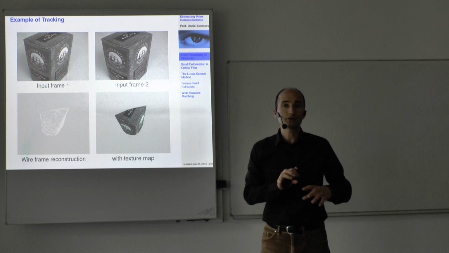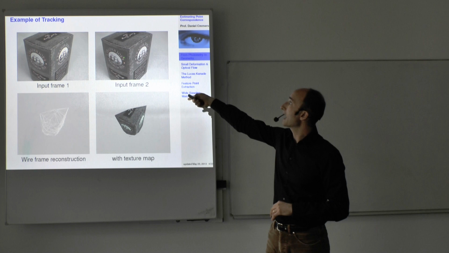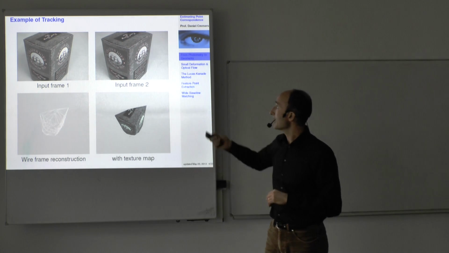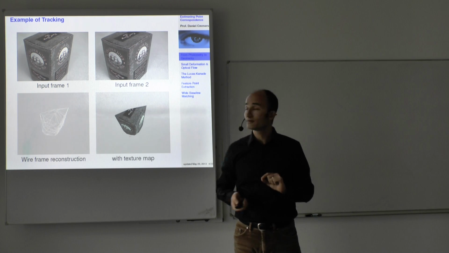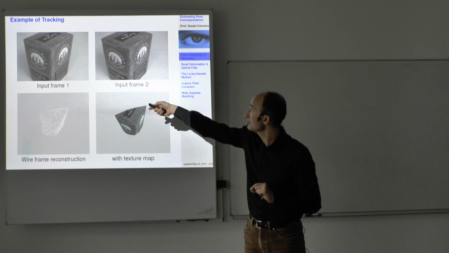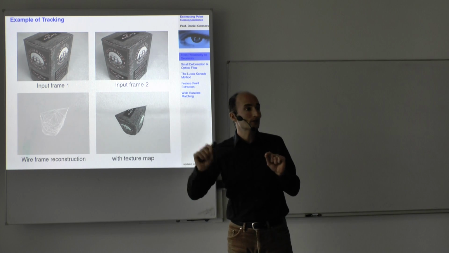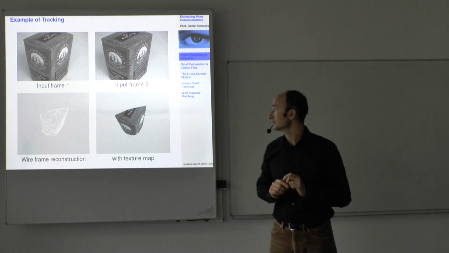And then you can track these points from one frame to the next. And once you track them, you have a correspondence across the frames. You can say this point here at the top of the letter J is here in the next image. And this way you get a set of correspondences over time. You can track where this point goes over time.